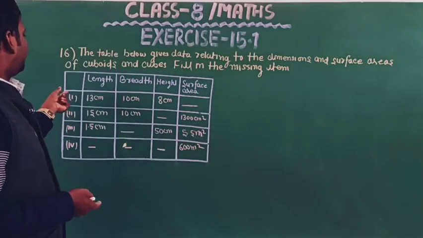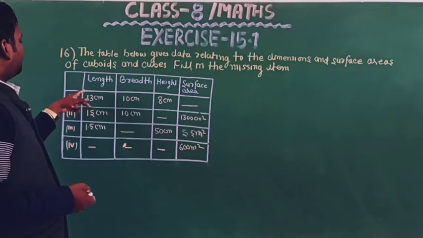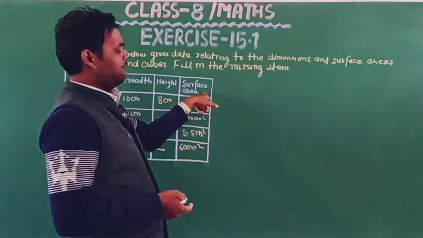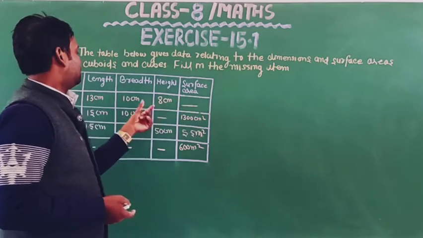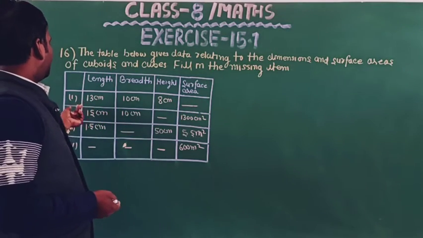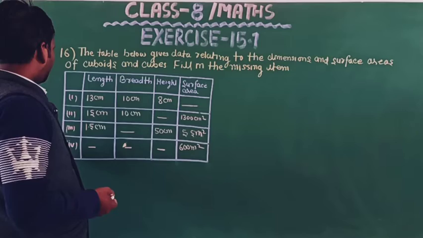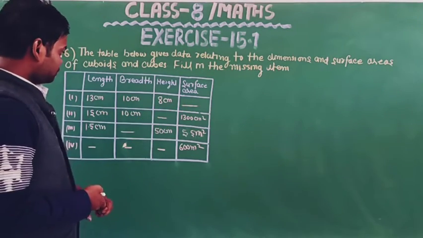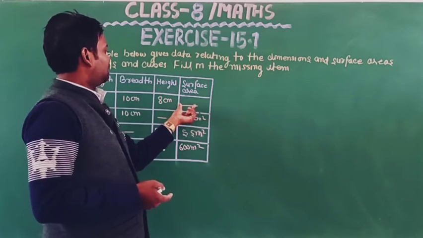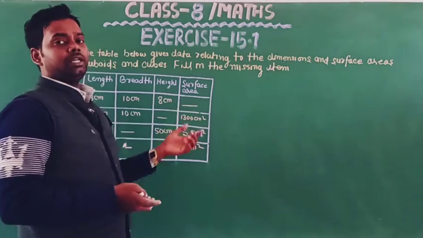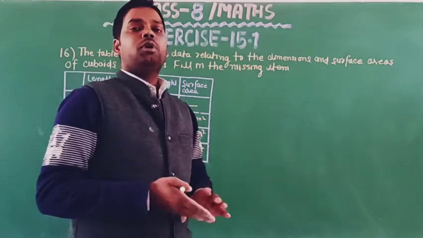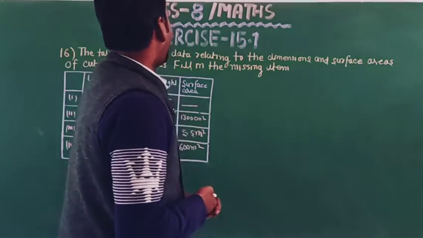We have the table with length, breadth, height and surface area given, and in all four parts any one dimension or quantity is missing, so we have to find the missing items.